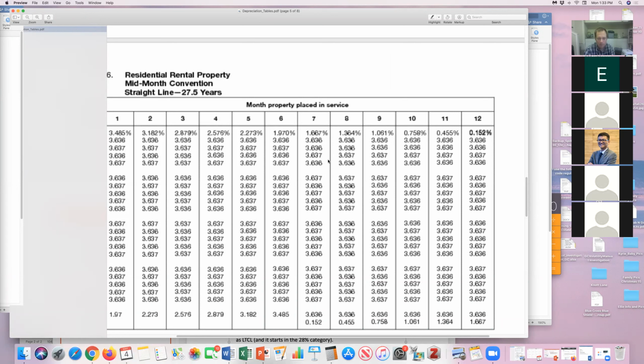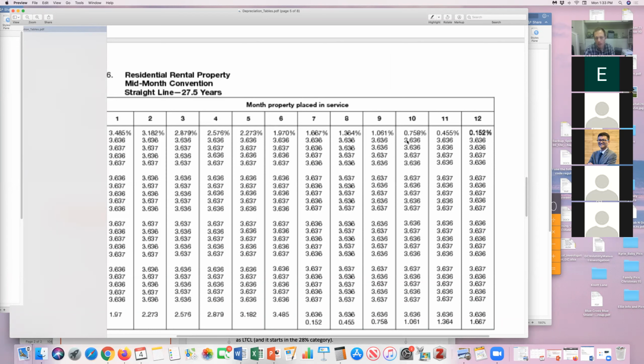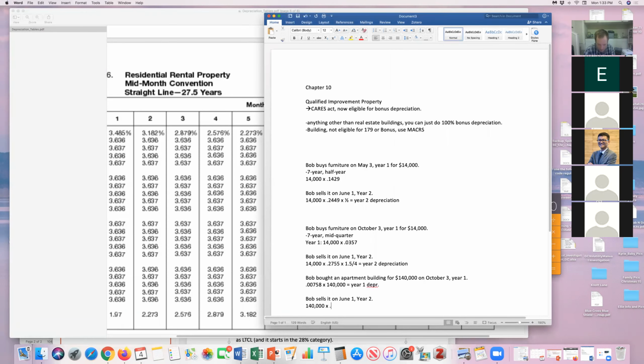So I always want to stay where I started, 3.636%. Okay. And real estate is always under the mid-month convention.